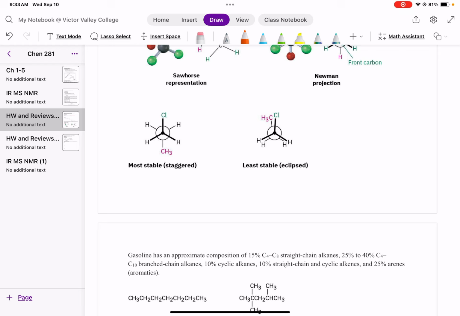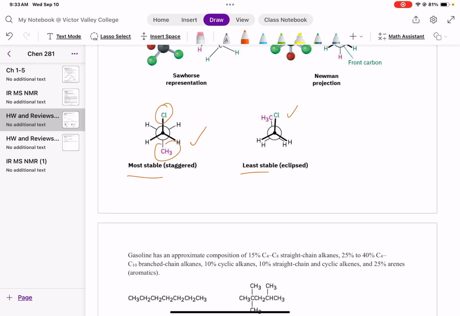And you have a staggered, or anti, in this case. Totally, the two big branches are opposite. And then you have eclipsed, that's the closest one. So eclipsed is the least stable, and if you spread them far away, that would be the most stable, the staggered, also known as the anti.